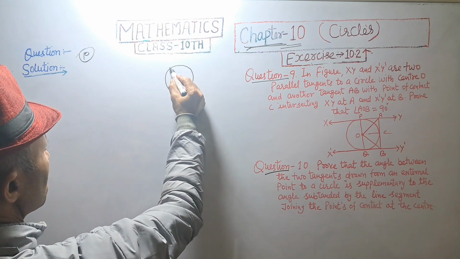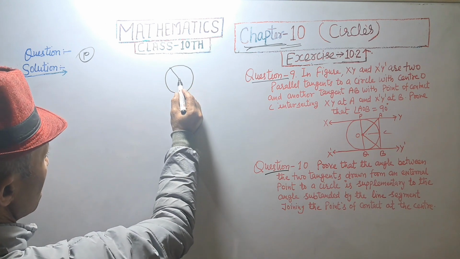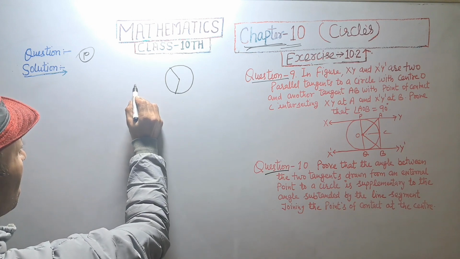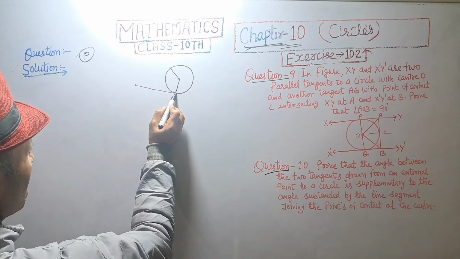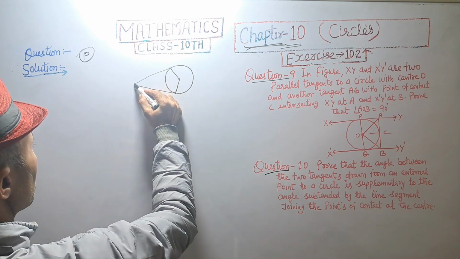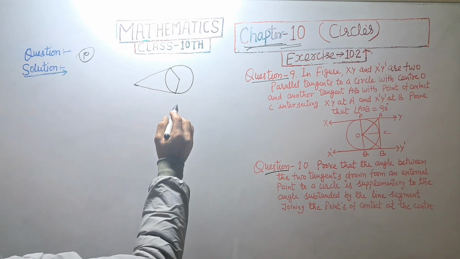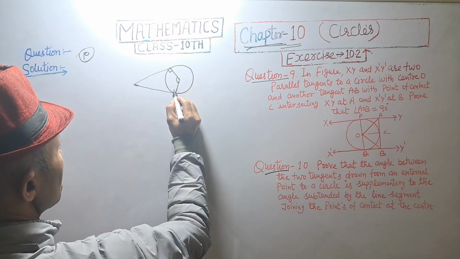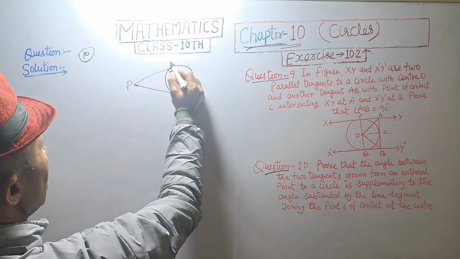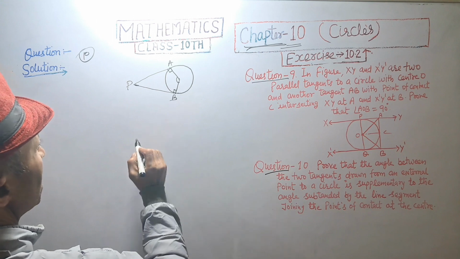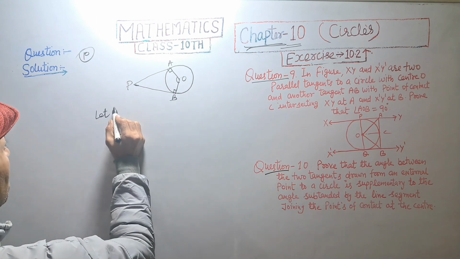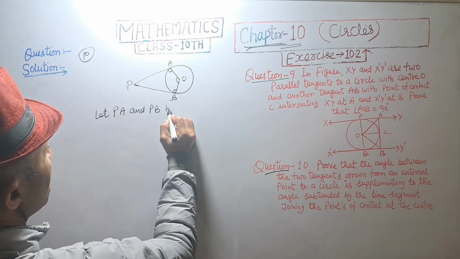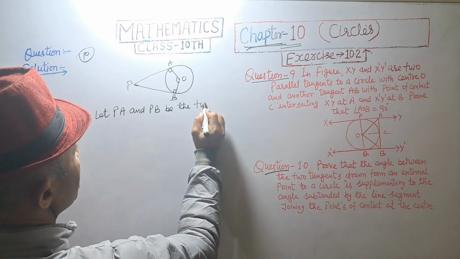Center point O, points A and B. Let PA and PB be the two tangents.